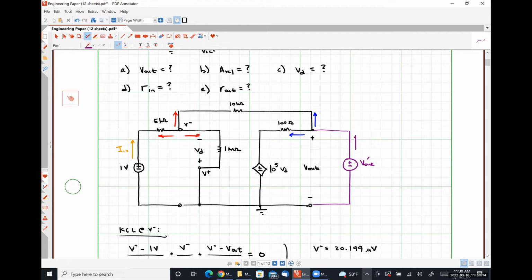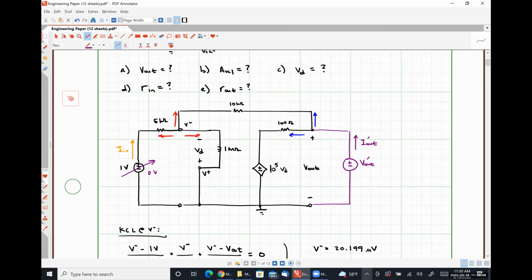We would determine a current flowing out of the positive polarity terminal, which I'm going to call I out prime. And the ratio of these two quantities is the output resistance seen looking in. This is a Thevenin resistance related calculation, which means we have to short out our input signal, okay?